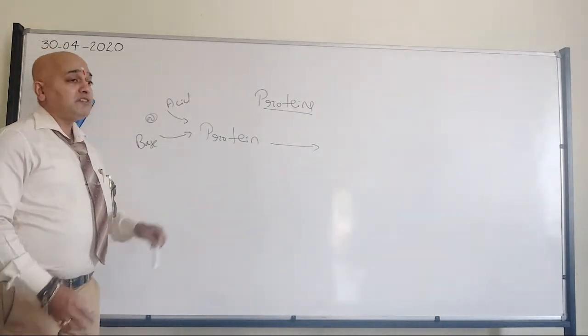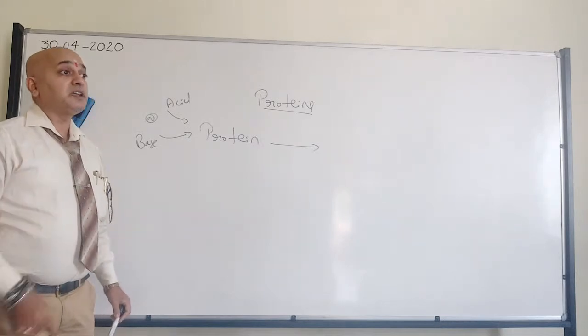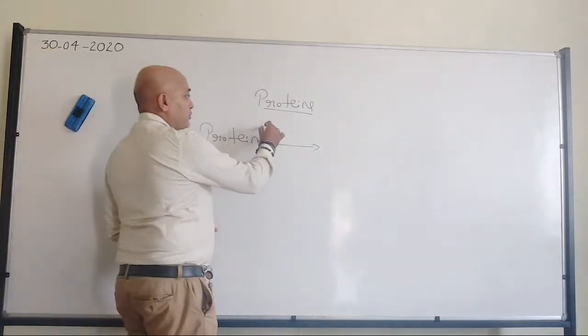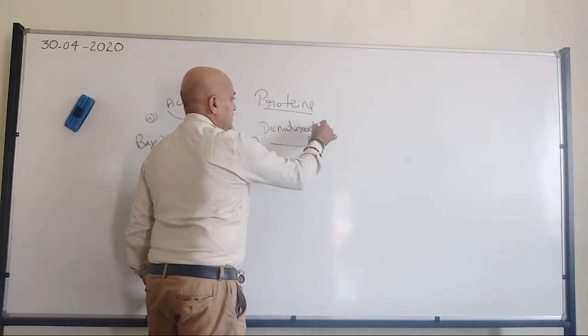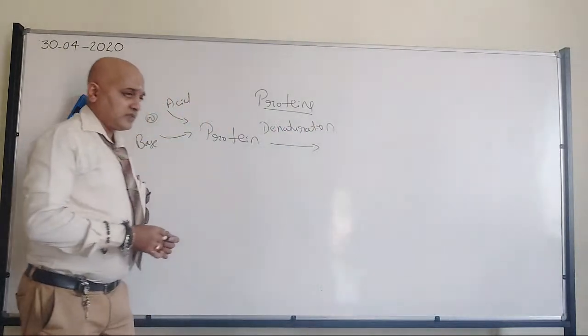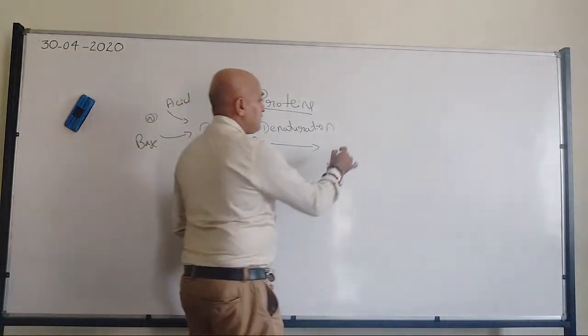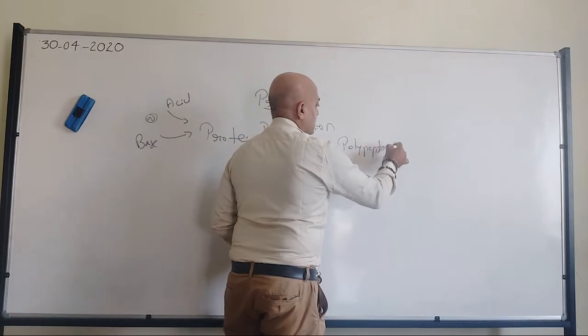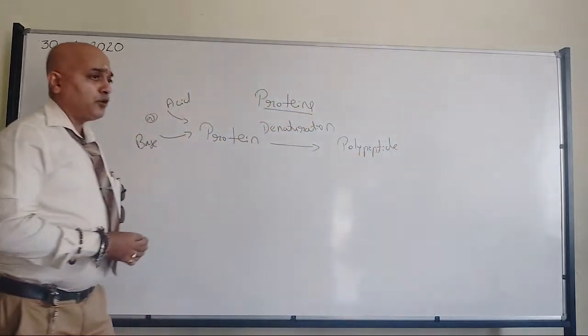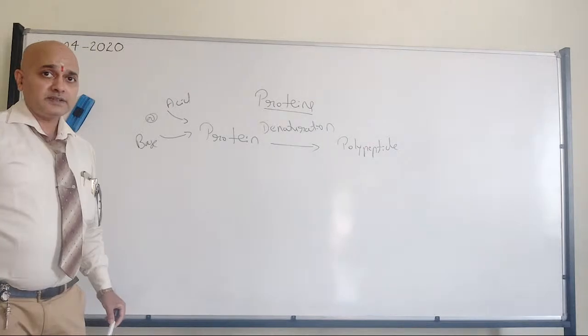Now protein will get denatured. That's why another important term. So protein will get denatured. That's where we have the denaturation. Okay? And protein will now be converted into polypeptide.